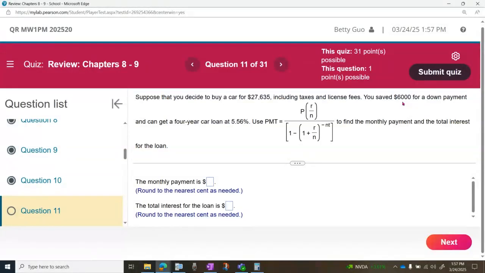The difference is this time you have a down payment, $6,000. So your loan amount is not the price of the car. It's the amount of money you need to borrow from the lender. So use the price minus the money you have. 21 grand, 635, right?